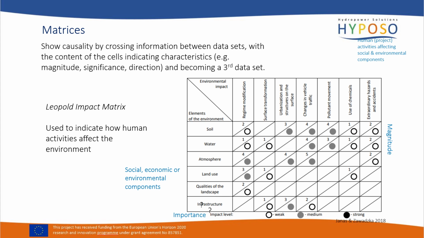The way to use matrices varies. Some practitioners use qualitative values in the cells that could be from null, which means no impact, up to low, medium, and high, or very high.